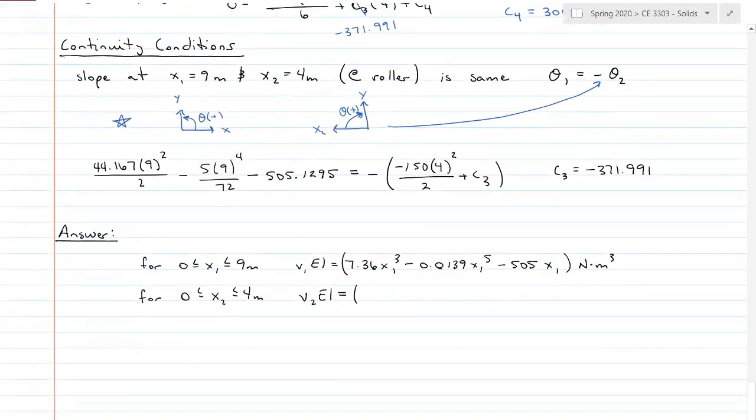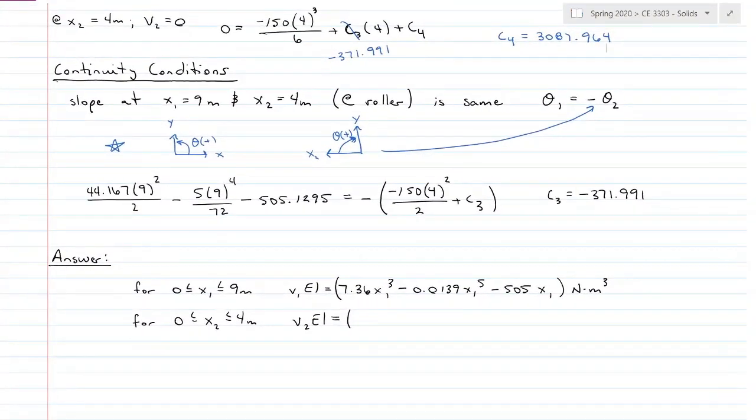Okay, I'm sorry about that. So that means coming back here with that corrected error, I have minus 25 x2 cubed minus 371. Let's do 372 because 3 significant digits is fine. X2, then plus 3,088 Newton meters cubed. Hopefully that's right this time.